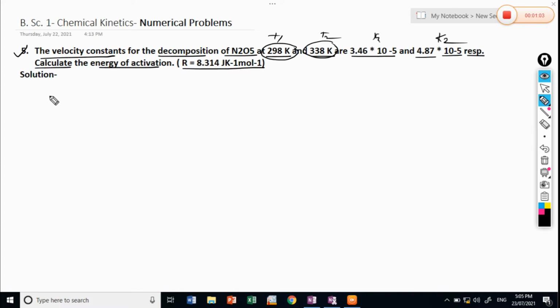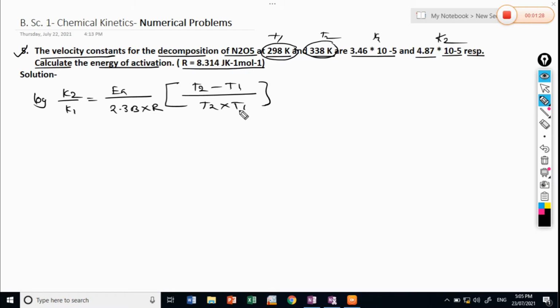The formula to calculate the energy of activation is: log K2 divided by K1 is equal to Ea divided by 2.303 into R, into bracket T2 minus T1 divided by T2 into T1.